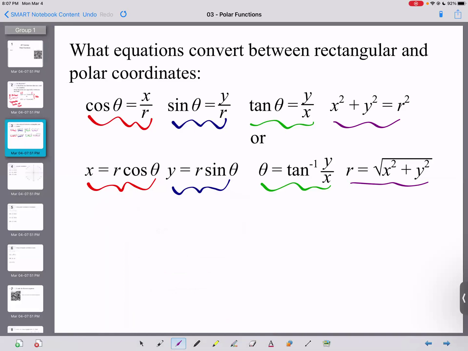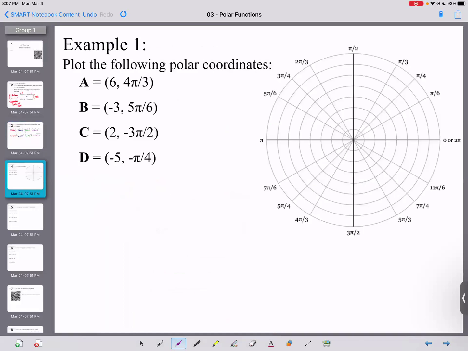I'll actually begin there. So first, with polar, the thing I want to remind you of is how do we plot polar coordinates. Again, in all of these problems, this is the r value, this is the theta. So first, for point A, which is 6 comma 4 pi over 3, what I'm going to do is go to 4 pi over 3.